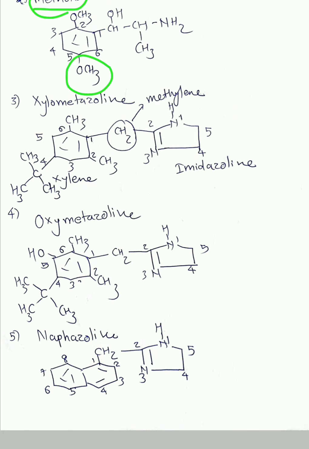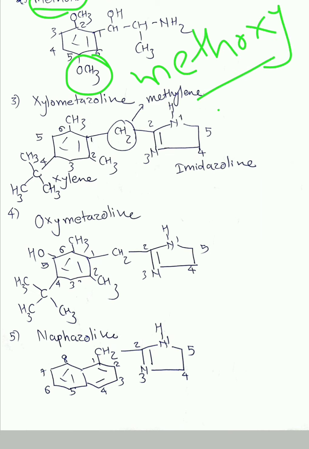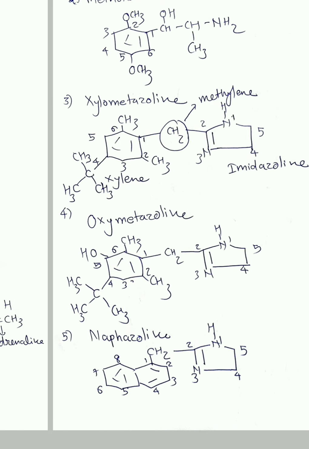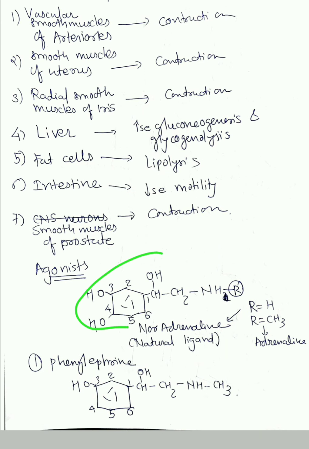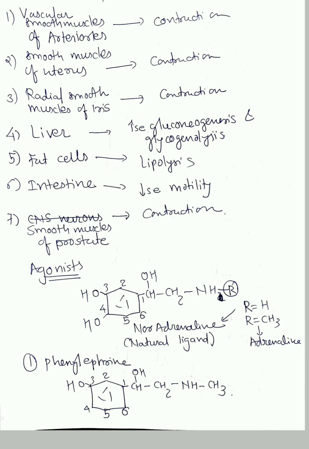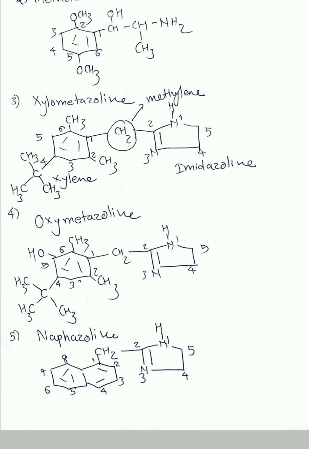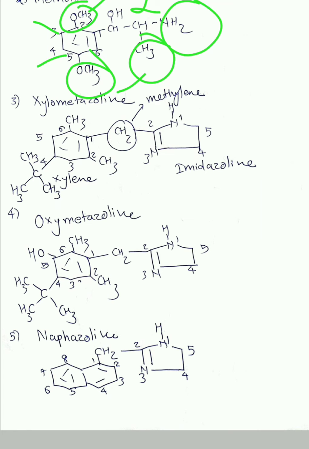So Me means methyl, methox means methoxy, and the remaining structure is the same as that of noradrenaline. See the difference. The only difference here is methoxy is present, and on third and fourth no OH is there. Instead, on second and fifth methoxy is there, on the alpha carbon one CH3 is there, and here a primary amine is there. So the structure is of methoxamine.